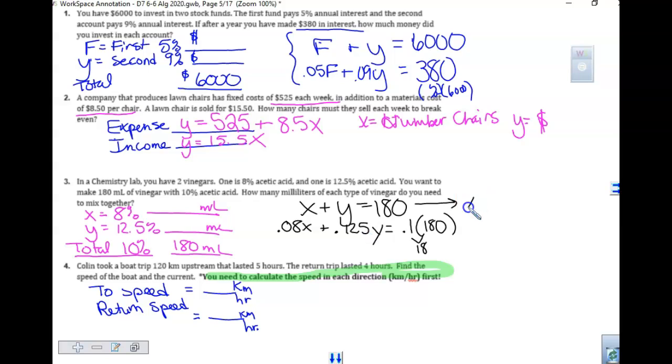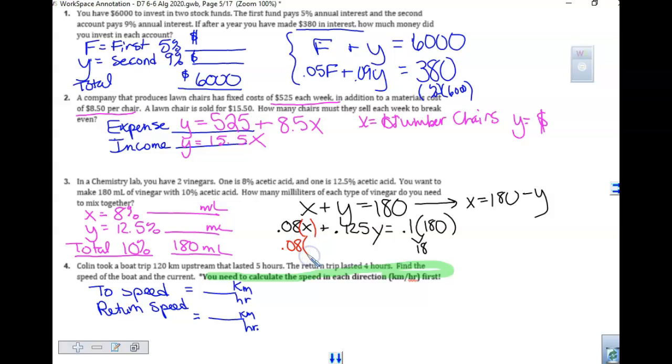X. So we're going to say x equals 180, and what did I have to do to get x by itself? We had to subtract y. So we subtracted y. I'm now going to go to this equation right here, and instead of the x, I'm going to put in that 180 minus y. So on your paper, this would be the second part of the test.